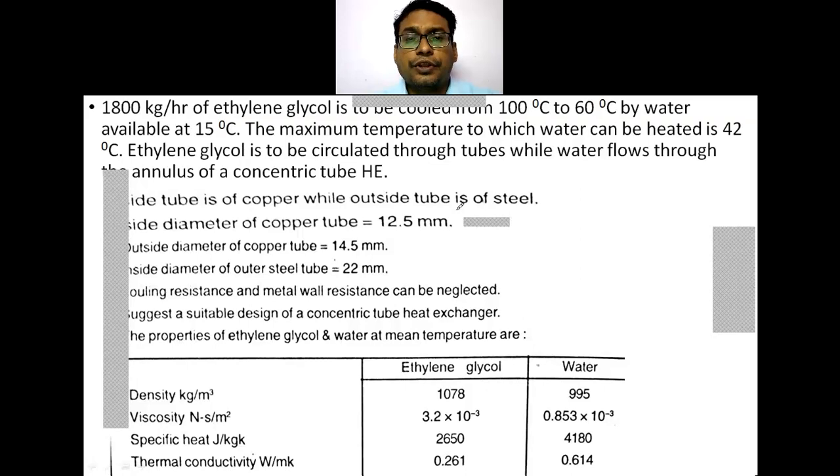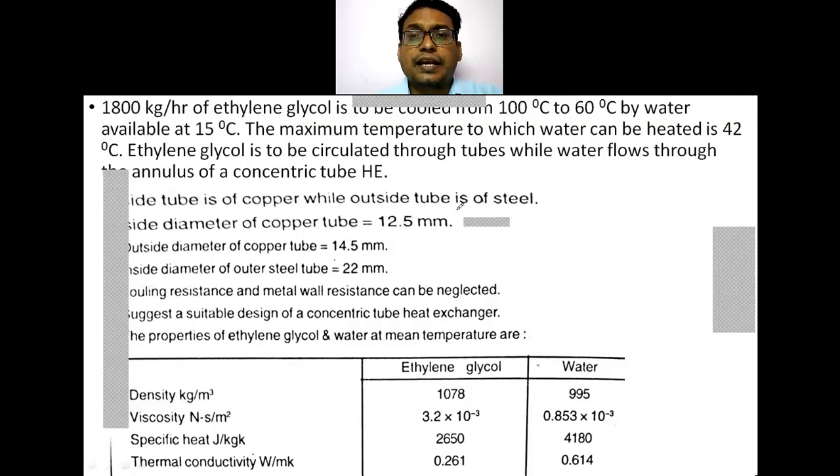Here the outlet water temperature is not mentioned. However, the maximum temperature to which water can be heated is 42 degrees Celsius. Maximum has been mentioned, but the actual is not mentioned.